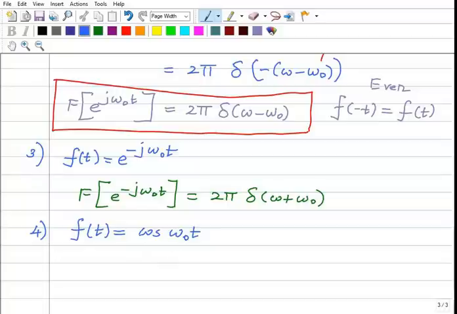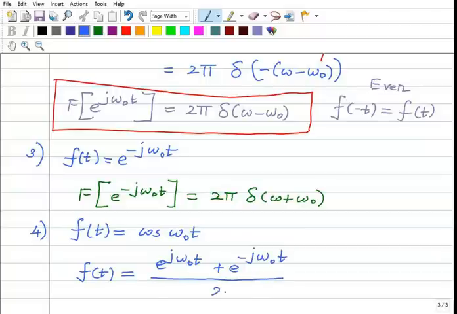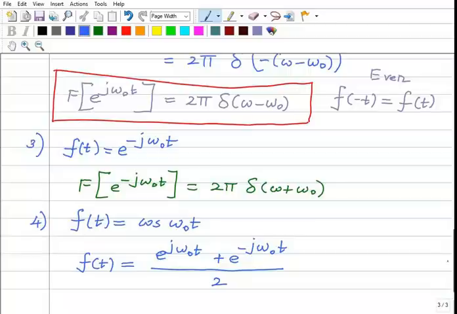So, using Euler's identity, you can write this cosine omega naught t as e power j omega naught t plus e power minus j omega naught t, divided by 2. Okay, Euler's identity.